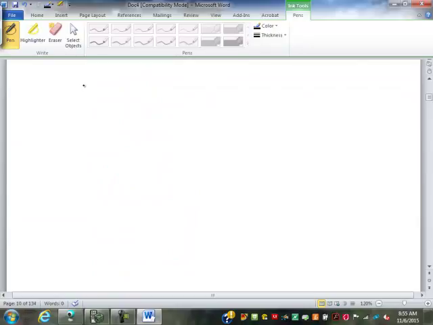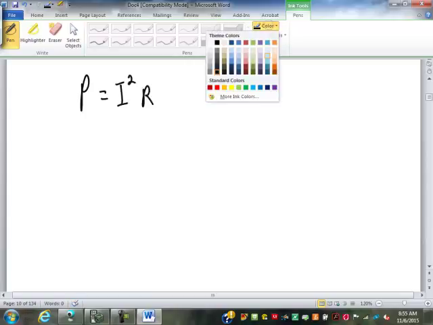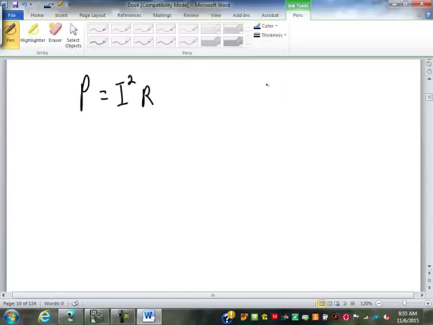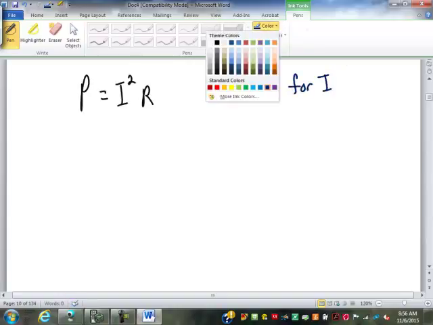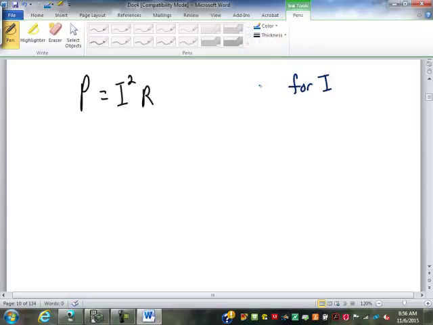How about this one? Solve for I. Well, I have to get rid of the r, don't I? I'm going to divide by r.